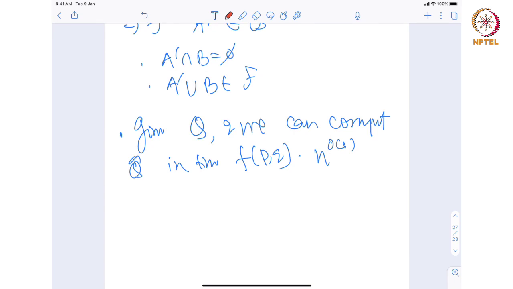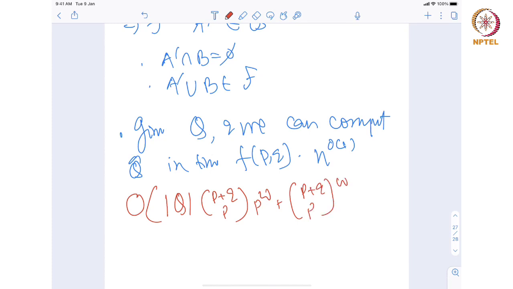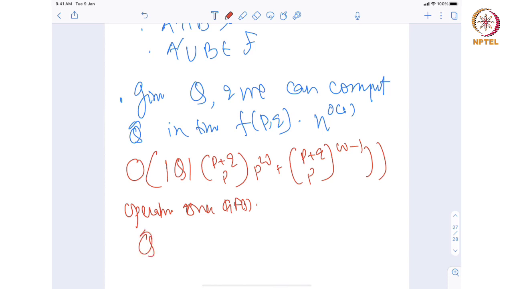You can compute it in time big O of size of Q times (p plus q choose p) to the power p to the power omega, where omega is the matrix multiplication exponent, plus (p plus q choose p) to the power omega minus 1, operations over some GF. I am just giving an overall idea, not trying to do everything. The size of Q hat is again going to be p plus q choose p.